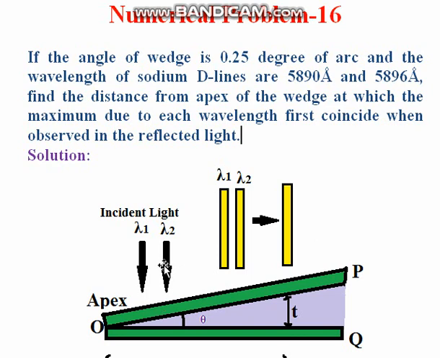So here I try to design the problem. These are the two incident wavelengths and we obtain two patterns as the resultant interference. Suppose this is a bright fringe due to lambda 1 of some order, the nth order bright fringe due to lambda 1, and this is the n plus 1th order fringe due to lambda 2.